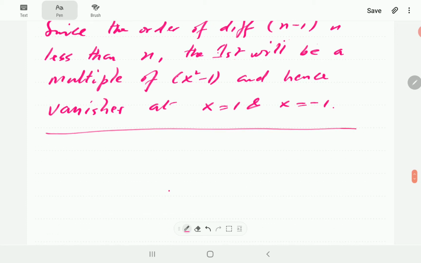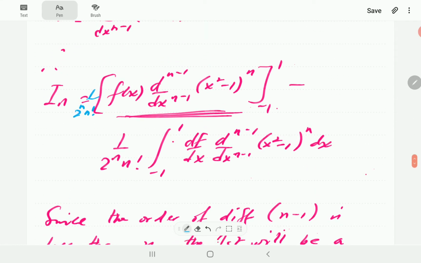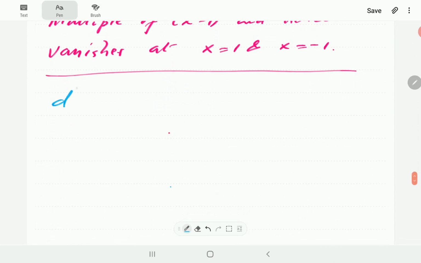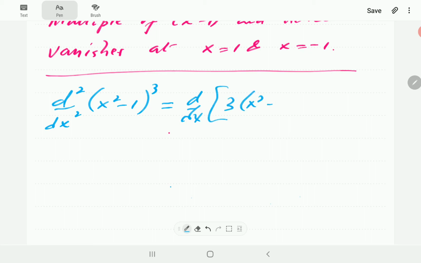Let's just do a quick demonstration here. Let's take n to be 3. So that means n minus 1 is going to be 2. I'm just going to show you that this is going to be a multiple of x squared minus 1, with power 3 there. If we differentiate this once, we're going to have 3 times (x squared minus 1) to the power 3 minus 1, then multiplied by the derivative of the interior function, 2x. Then we use the product rule.